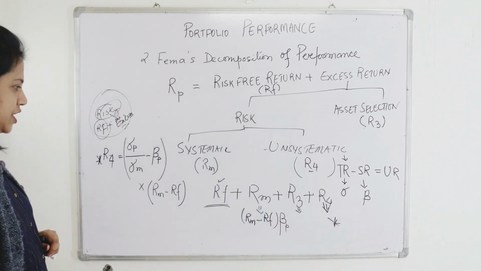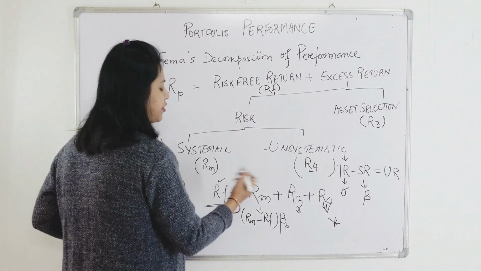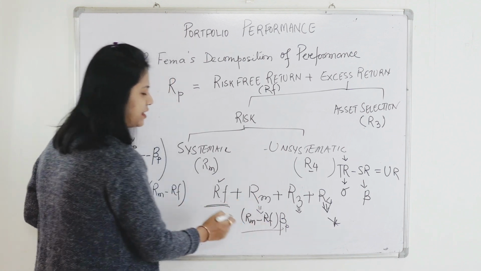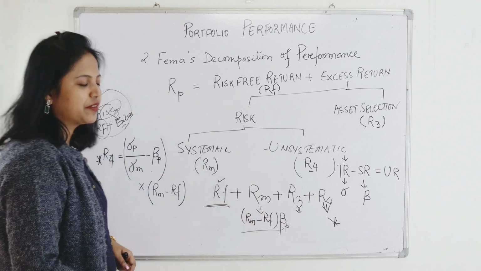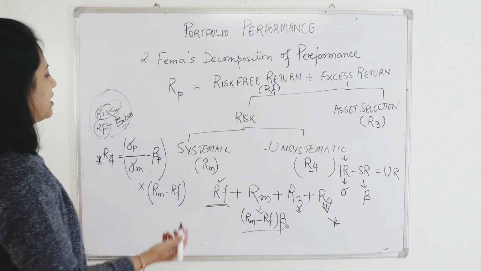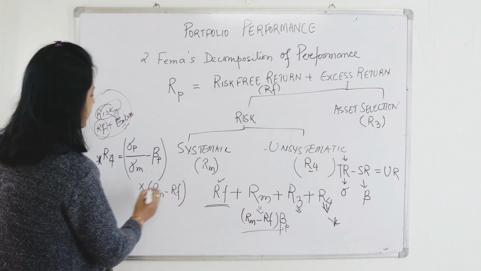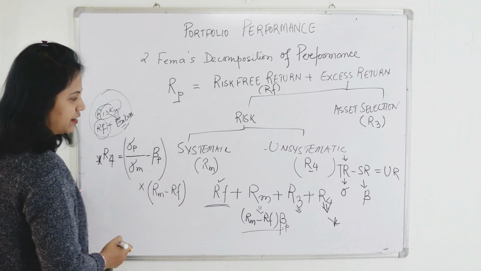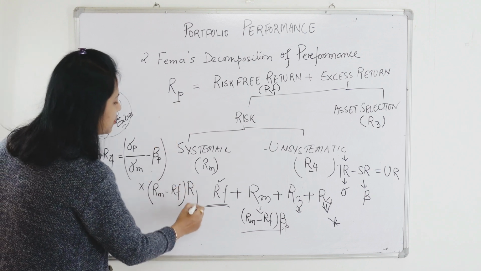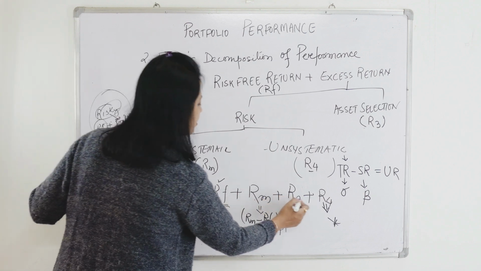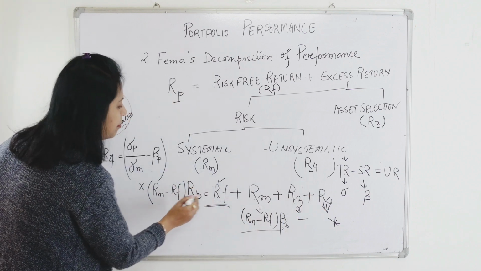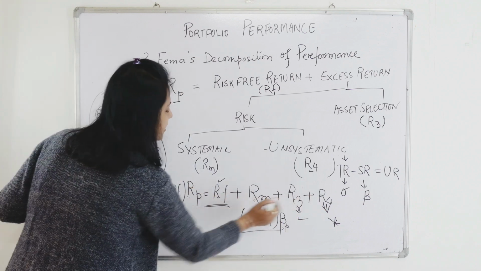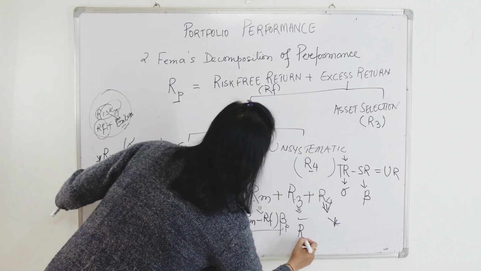Coming to R3. So what is left? RF we got from the market, RM we applied this, R4 we applied this, now what is left is your R3. R3 can be obtained by this: if RP is the total, then RP equals this plus this plus this plus this. So R3 equals this minus this minus this minus this. You can find out the residual.